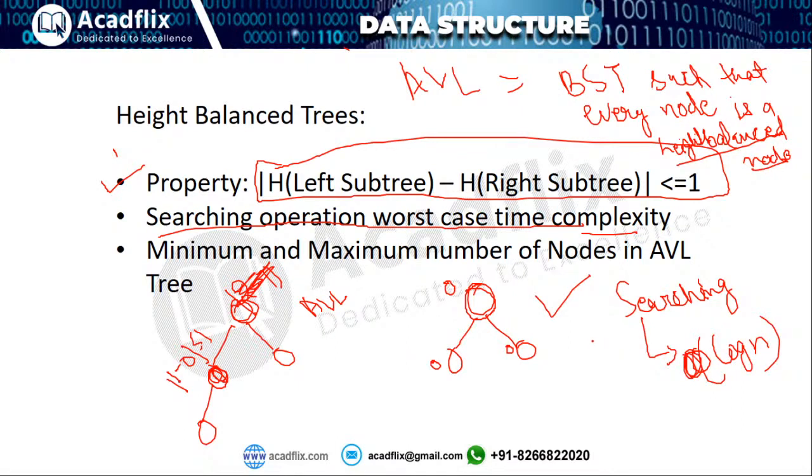Whereas searching in a BST in the worst case takes order of n. For BST it will take order of n, the searching operation in worst case. But in my height balanced tree, the searching operation even in worst case will take order of log n.